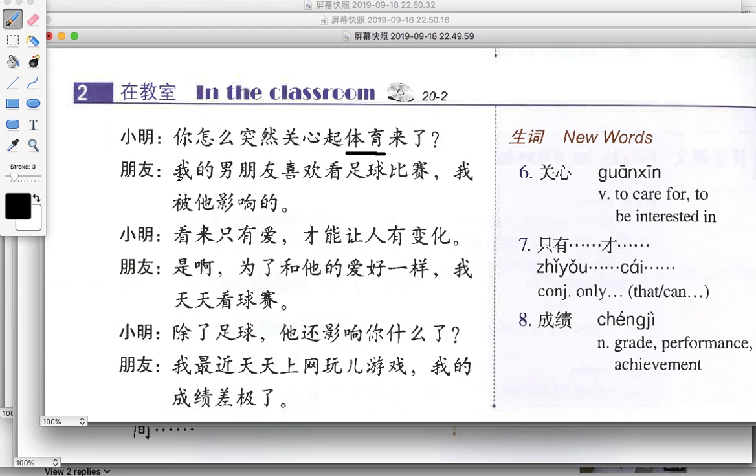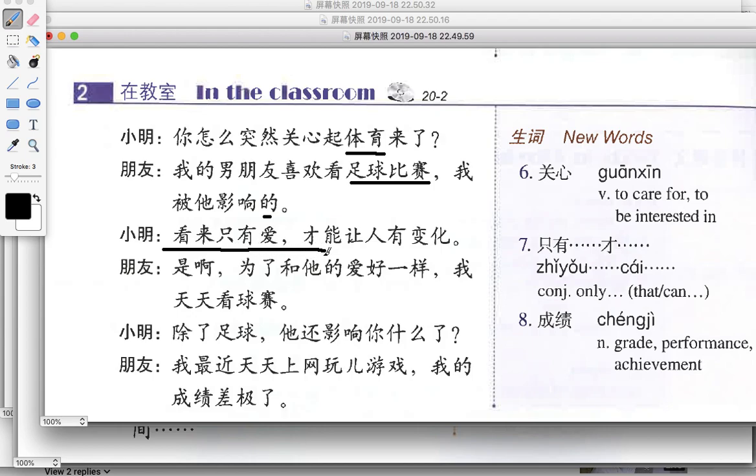小朋友说：“我的男朋友喜欢看足球比赛。”没问题吧？比赛, competition, football competition. My boyfriend likes to watch football competition. 我被他影响的，的 is an affirmative sort of modal particle. 被他影响了，被他影响的。And 小明 says something very cheesy.